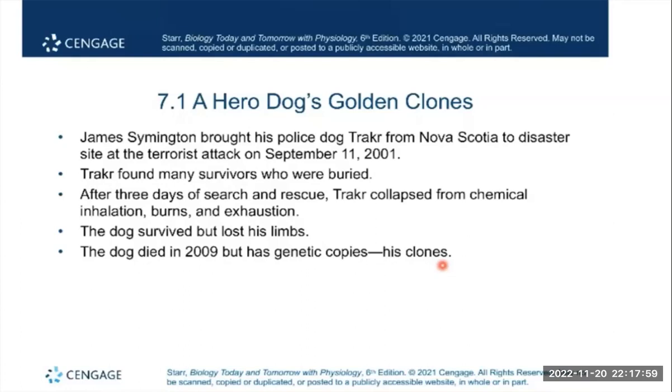The dog survived, but lost its limbs, and then 8 years later passed away. But was a very good tracker, and those characteristics, that information, is embedded within the dog's DNA.